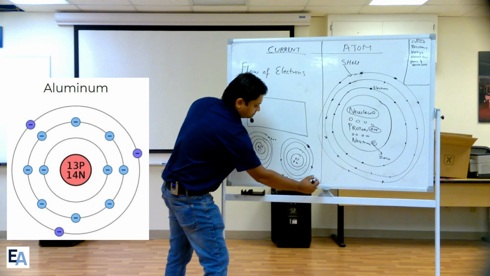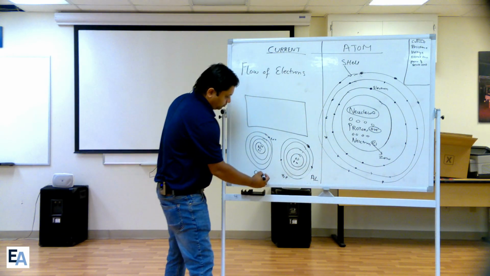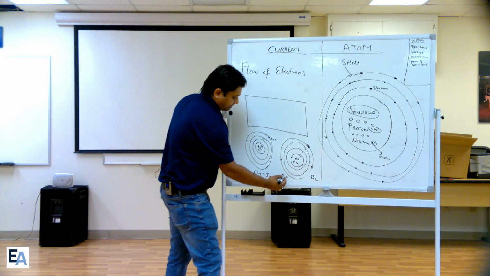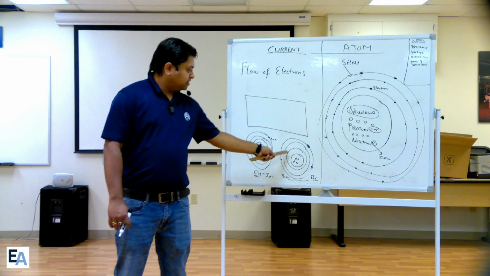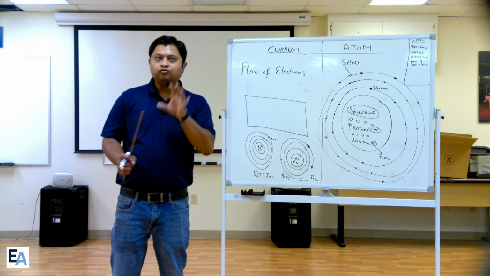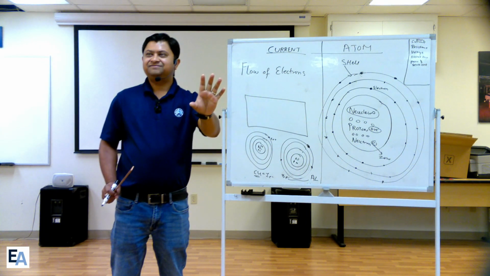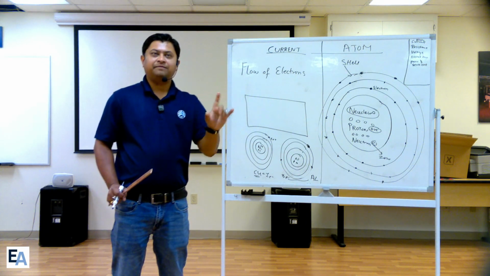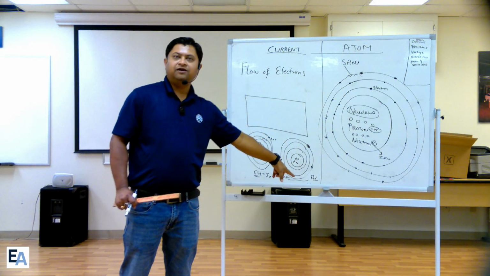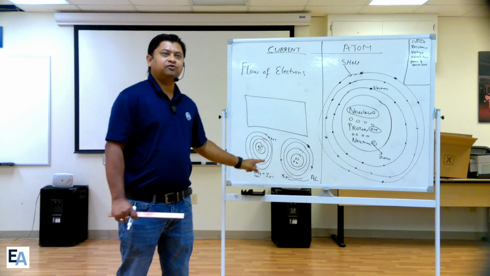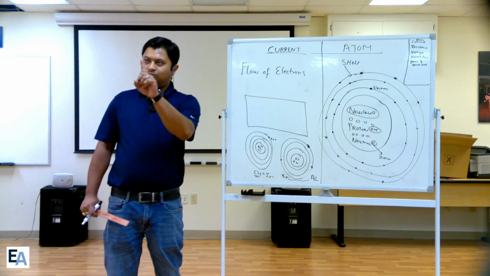For copper, you have 1 electron. For aluminum, you have 3 electrons. In this case, you have to take away 3 electrons from the outermost shell of aluminum, so the energy requirement for taking out 3 electrons from aluminum is going to be high compared to copper, because copper has only 1.